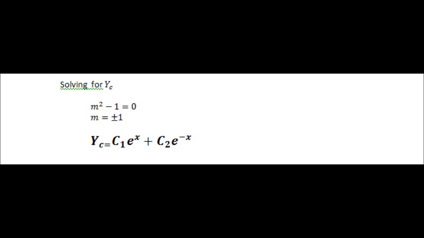So we need now to solve for yp. In this example, I solve yp using the method of undetermined coefficients. So for our original equation, my yp is equal to ax e to the x plus b e to the 2x.